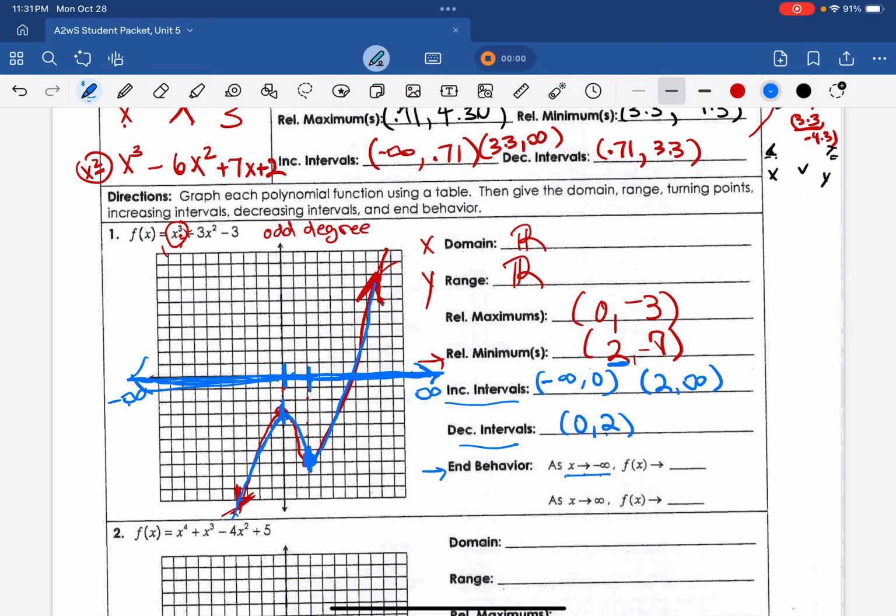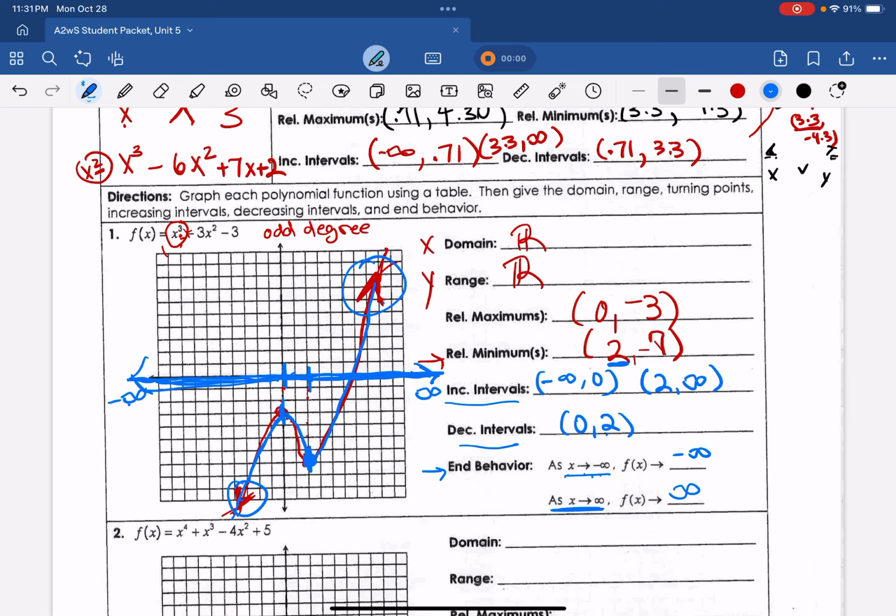So as x approaches negative infinity, it's saying, look at the left side of your graph, and what is the arrow doing? It's pointing down, so that means our y's are headed to negative infinity. And this says, look at the right side of your graph, what is your arrow doing? It's pointing up, so that is headed to positive infinity.